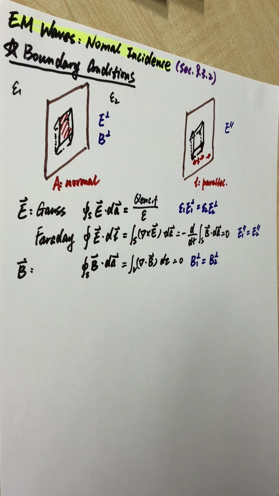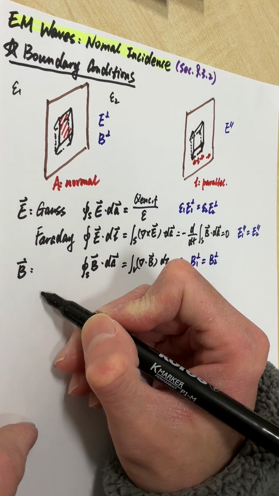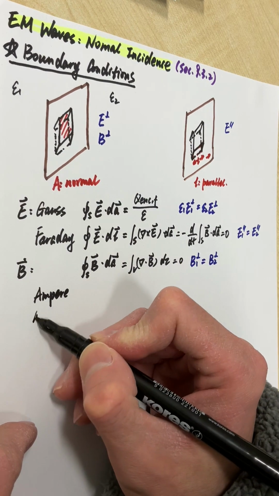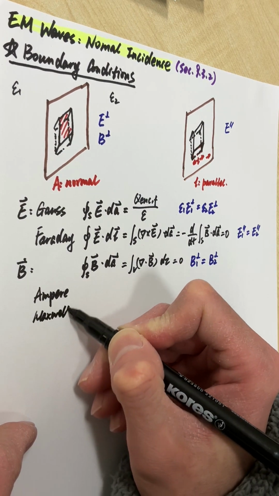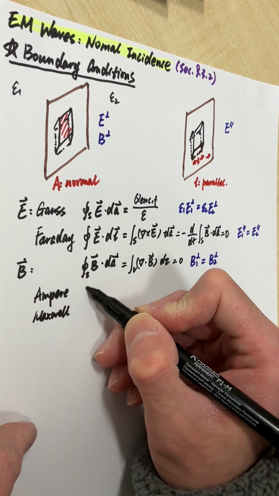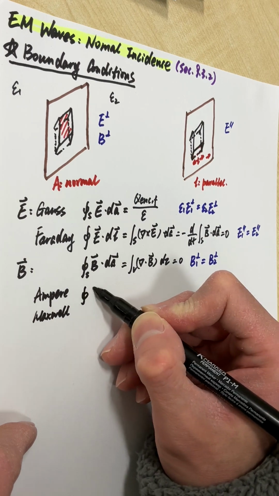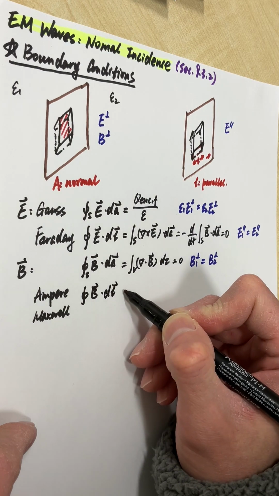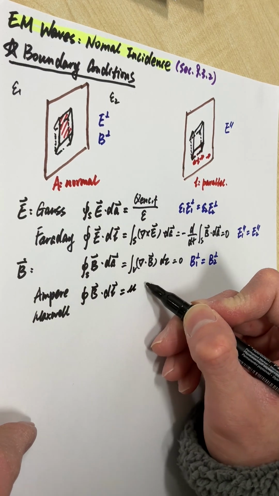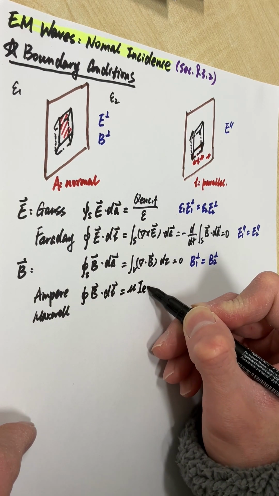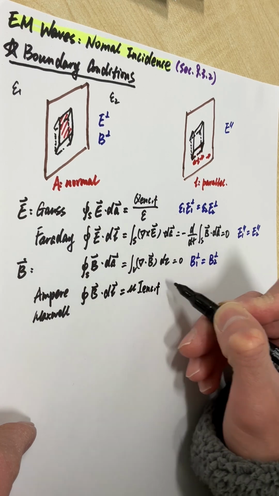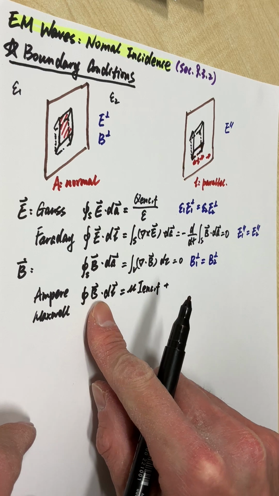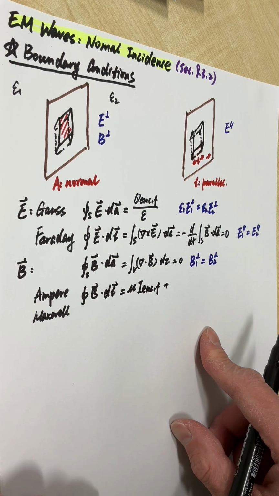And now, what about the line integral? We have Ampere's law, and we have Maxwell's modification. So basically for the closed path line integral, we have mu and then the total free current enclosed, plus Maxwell's modification, where the B field is generated by the change in electric field.